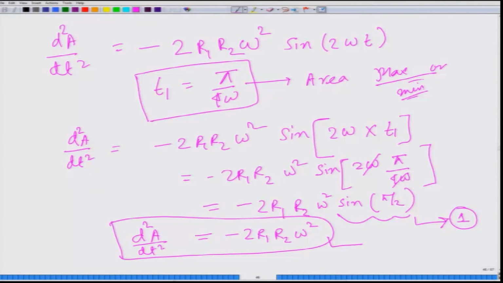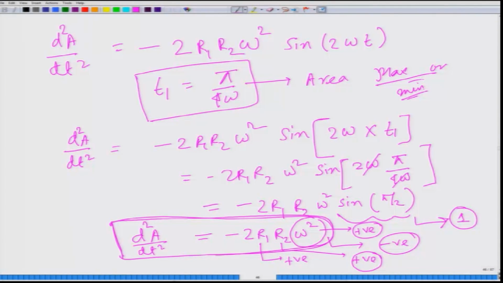This is a negative number because r1 is positive, r2 is also positive, and the square of the angular speed is obviously positive. So this is maximum at t1 equal to pi by 4 omega. So this is the answer.